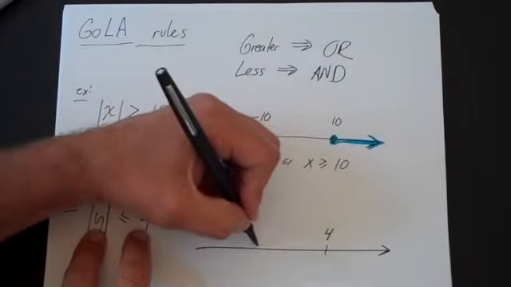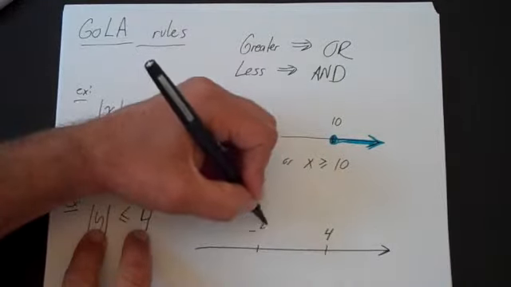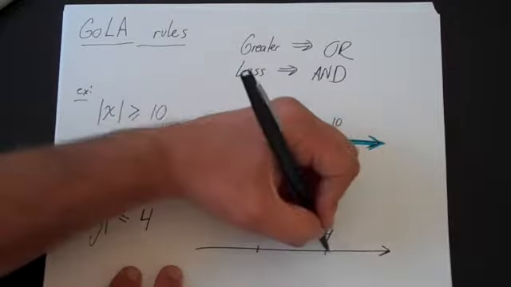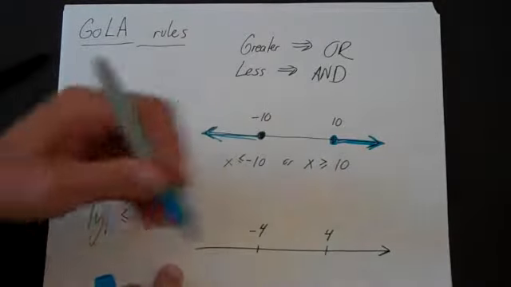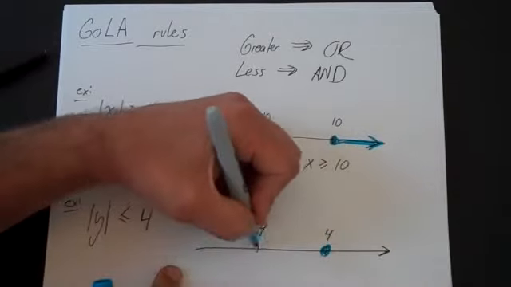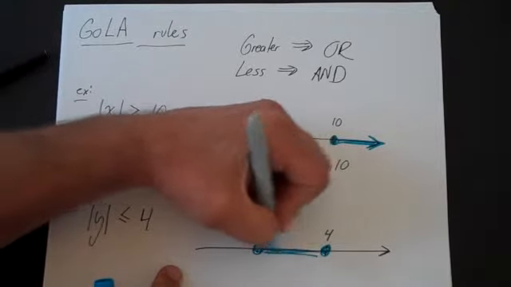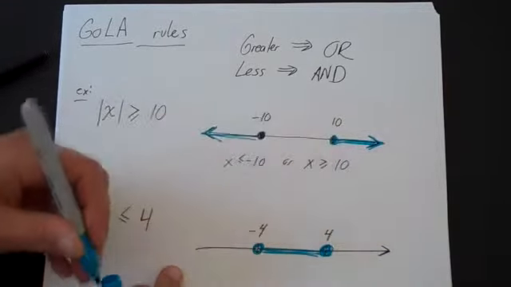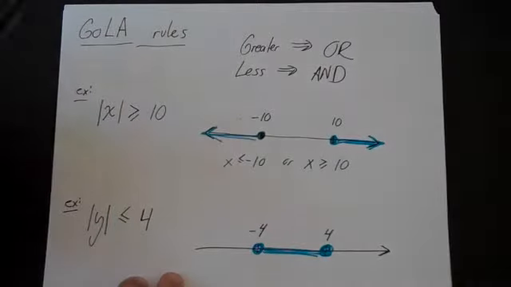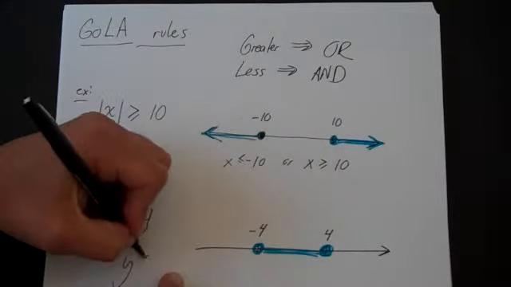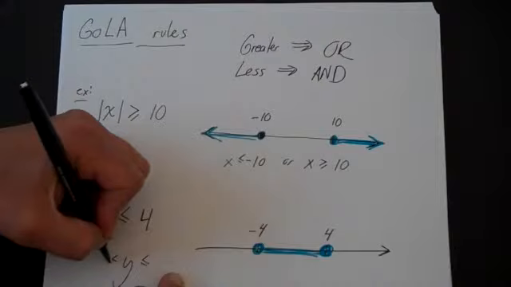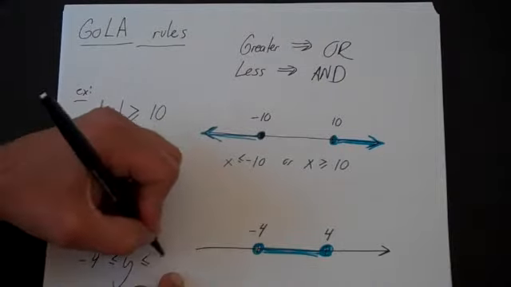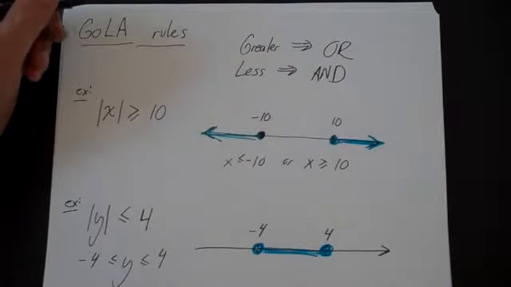But it can also be anything between 0 and minus 4. But it can't be anything that's not between those two numbers. So here we say that y has to be between minus 4 and 4. And those are the GO-LA rules.